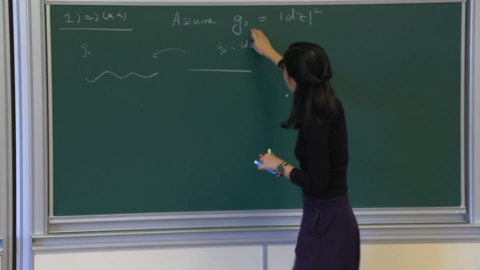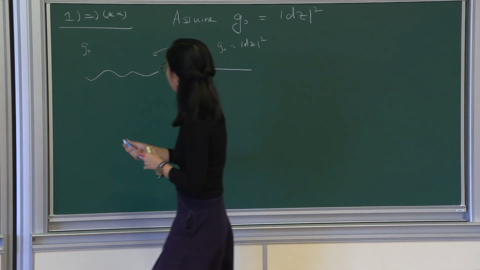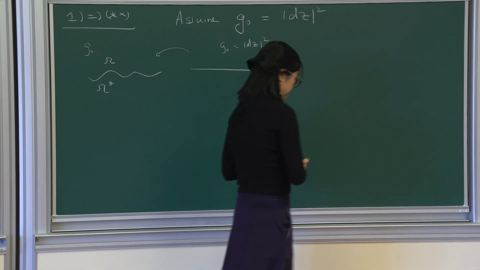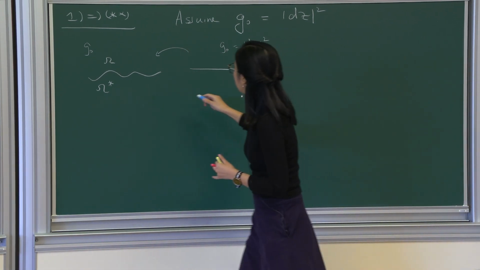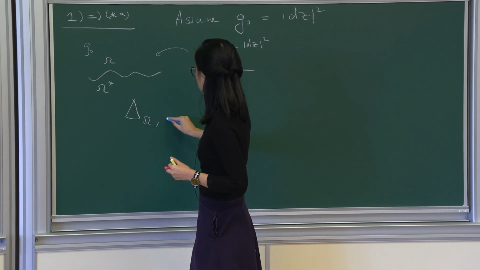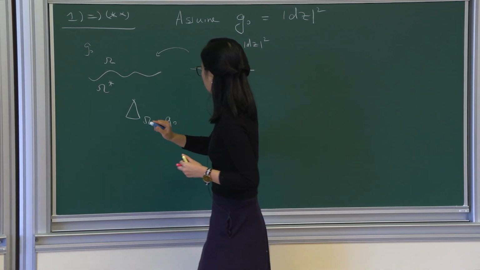Okay, let me just apply this. So this is my omega, this is my omega star. My determinant of the Laplacian with the metric g0.